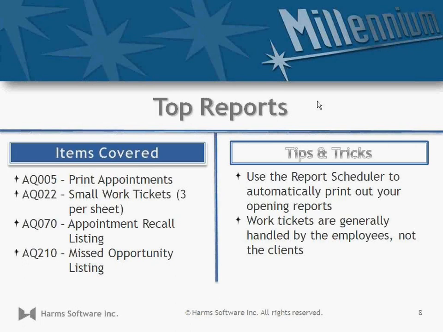Also our small client work tickets, which we can pass around from service provider to service provider, and then back to the front desk when they are finished. Also the appointment recall listing to see who should be coming in this month for which services. And also the missed opportunity listing so we can get a better view of maybe we should be open on Friday nights or maybe we should open again on Mondays, stuff like that.